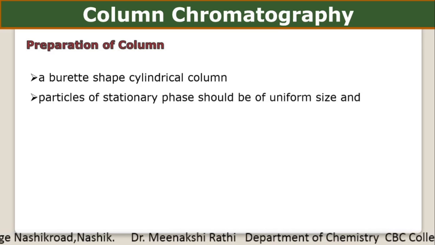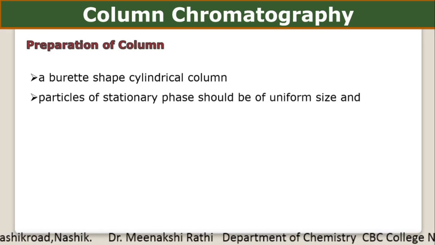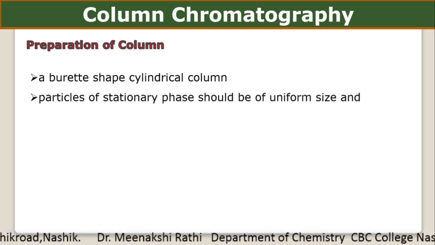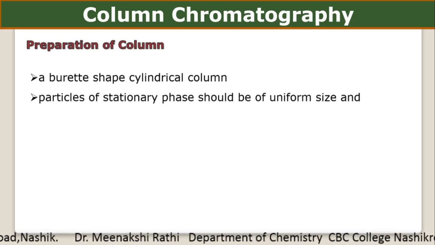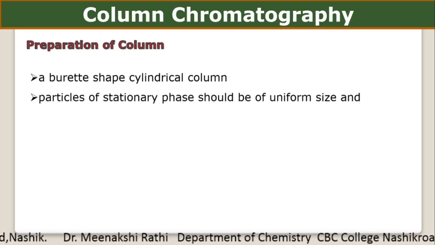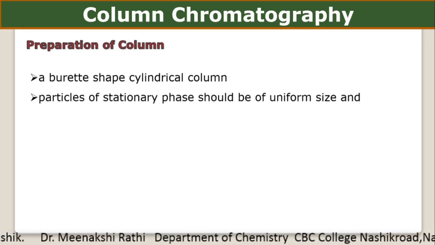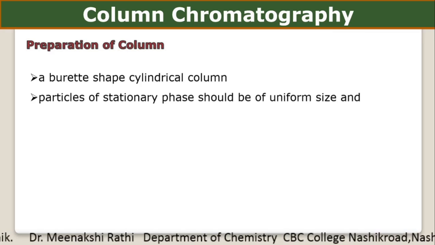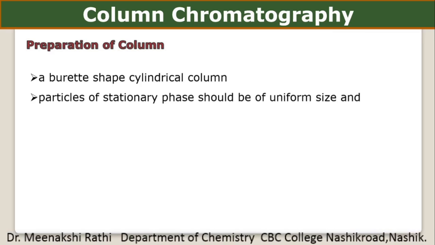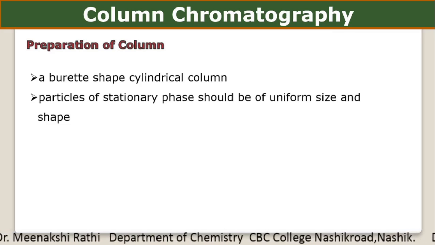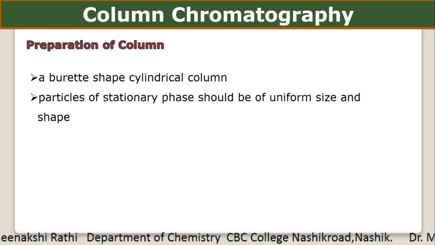Stationary phase used here, or adsorbent: any adsorbent can be used. Calcium carbonate, silica gel, fine sand can be used here, and the particles of the stationary phase should be of uniform size and shape, without any impurities and without any contamination.